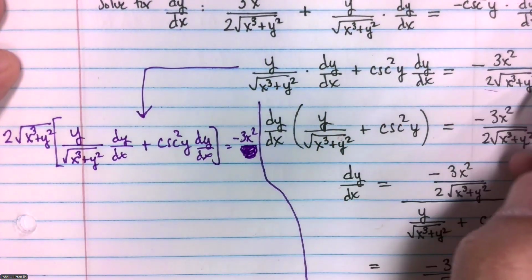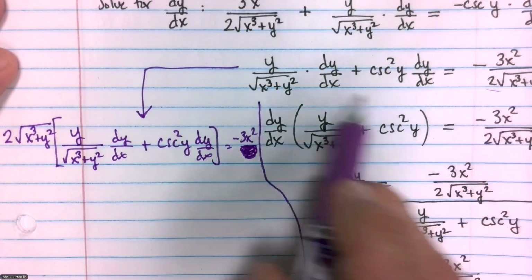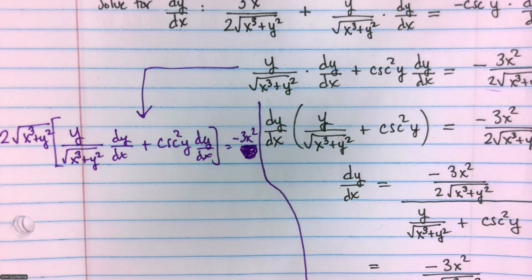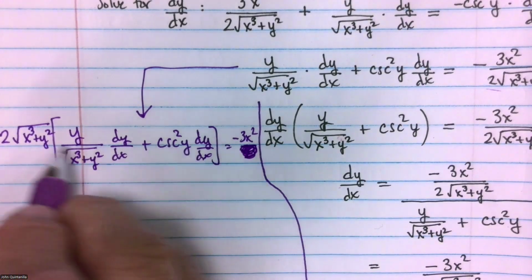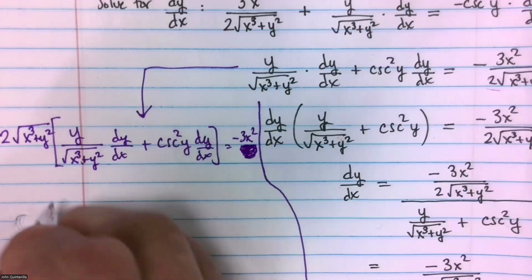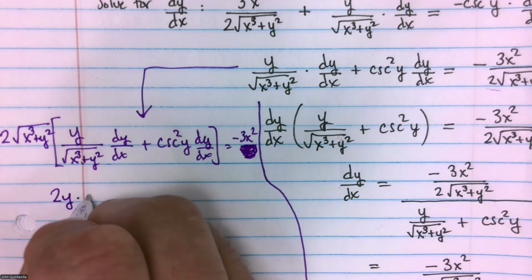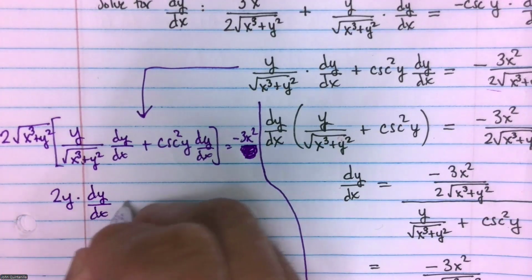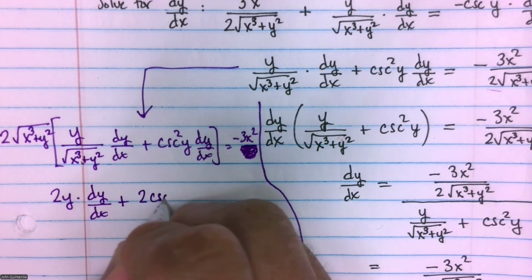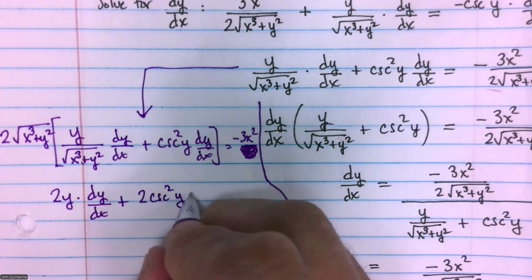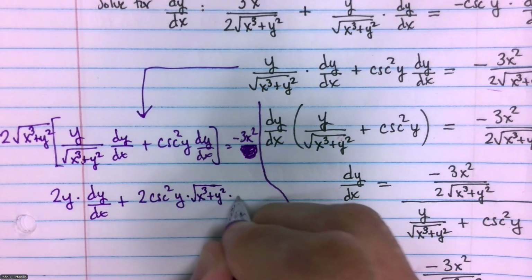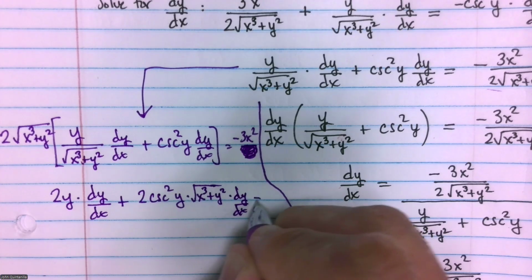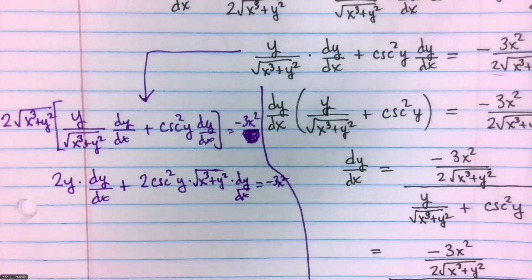I'm going to take this denominator and just multiply it up on the left-hand side. Okay, so when I do that and expand, these cancel. So I would have 2y times dy/dx plus 2 cosecant squared y times the square root of x cubed plus y squared times dy/dx equals negative 3x squared.